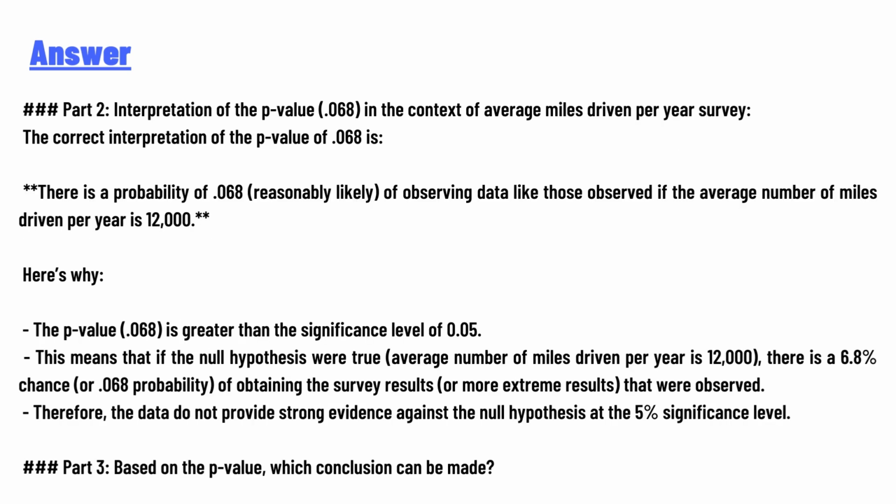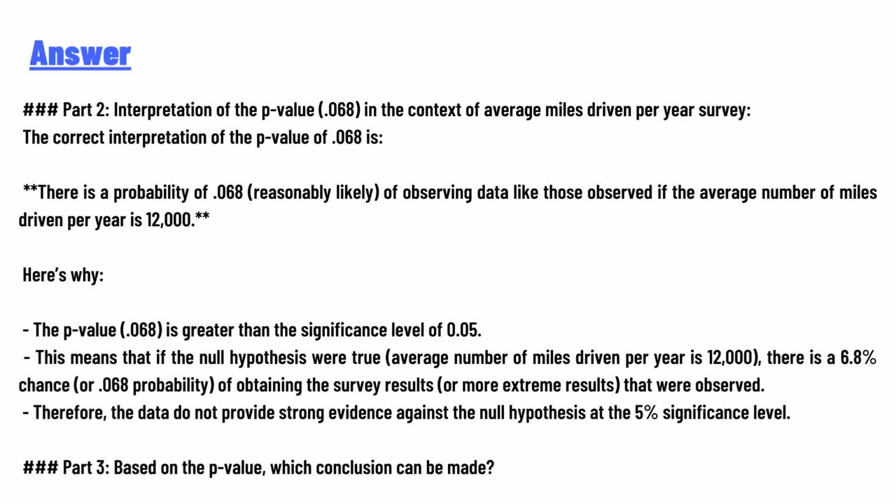Part 2: interpretation of the p-value of 0.068 in the context of the average miles driven per year survey. The correct interpretation of the p-value of 0.068 is: there is a probability of 0.068 of observing data like those observed if the average number of miles driven per year is 12,000.